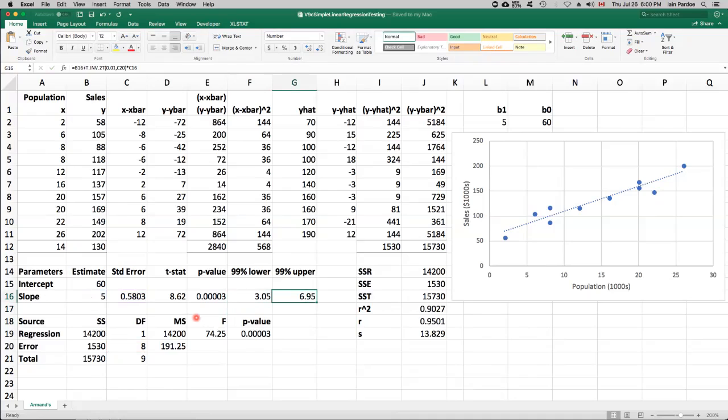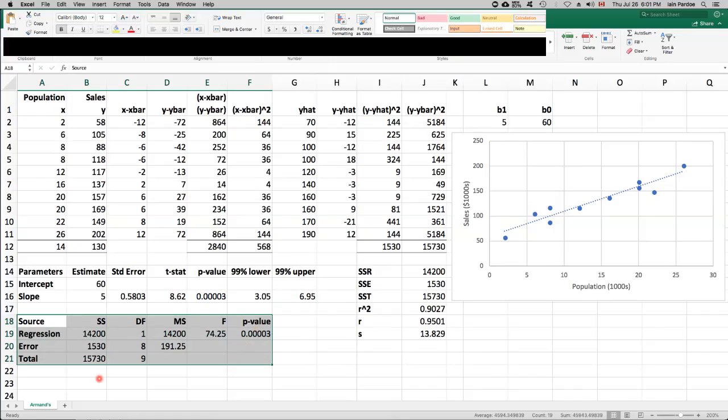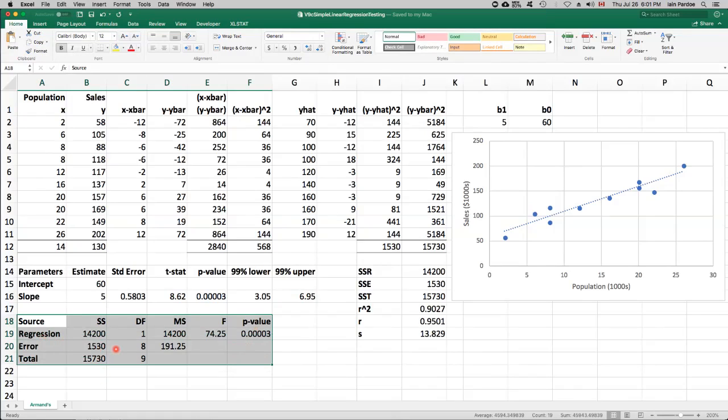So that's one type of hypothesis test we can do, a t-test. We can also do an F-test, and it turns out the F-test in simple linear regression is equivalent to the t-test, and we'll see that because we get identical p-values. Let's just run through the details quickly. Down here, you might look at that table and go, that looks familiar.